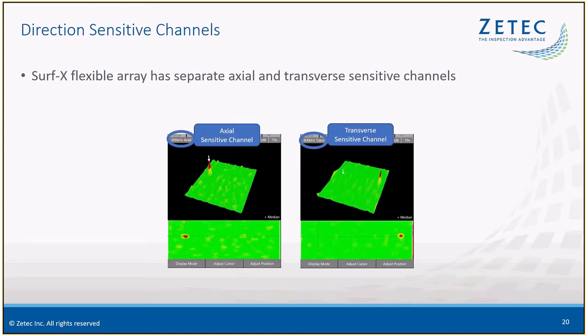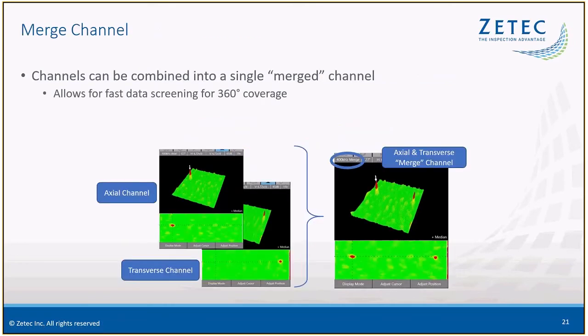The opposite is true for transverse: it'll pick up the transverse, not the axial. You can then also merge these two into what would be called a merge channel, where you're seeing everything that the array is picking up, both axial and transverse indications together, marrying these two things together to see a single channel.